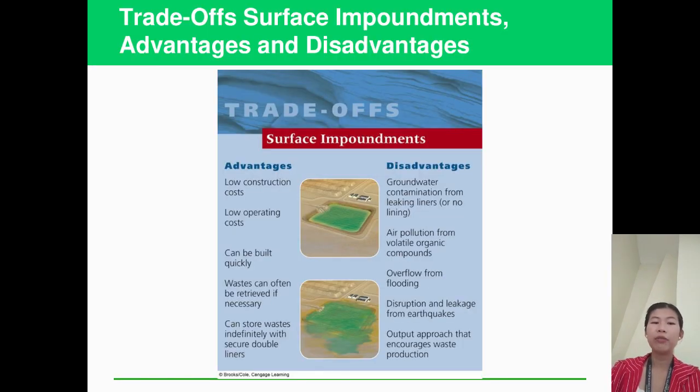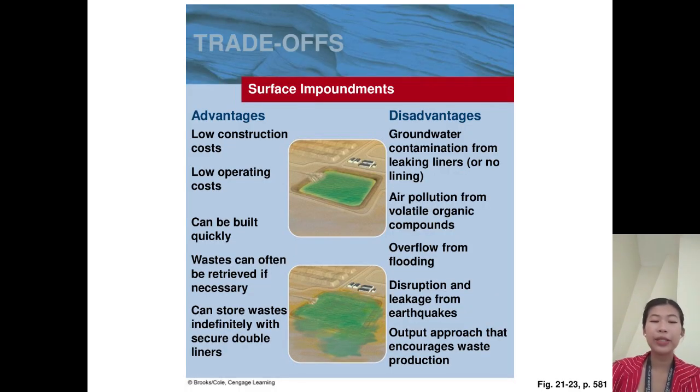Next, the trade-off: the advantages and disadvantages of surface impoundments. A surface impoundment is a unit that is a natural topographical depression, man-made excavation, or dike area formed primarily of earthen materials.